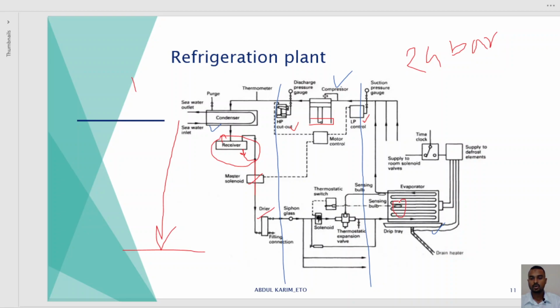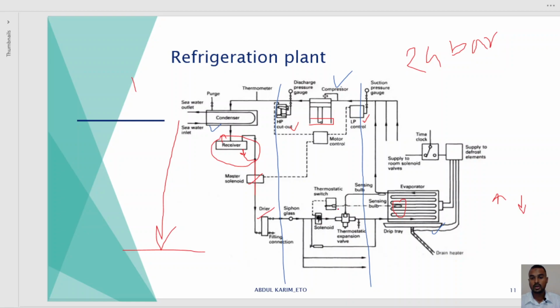This sensing valve assesses the condition of the evaporator. If the evaporator temperature is high, it passes a signal to the thermostatic expansion valve to open, and then a larger amount of refrigerant will go through this line. And when the evaporator temperature is low, at that instant the thermostatic switch will block the solenoid valve.